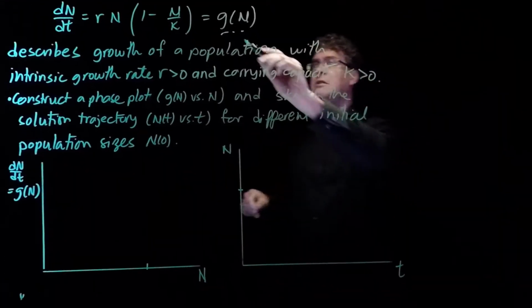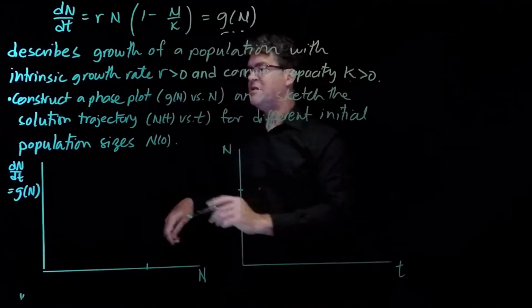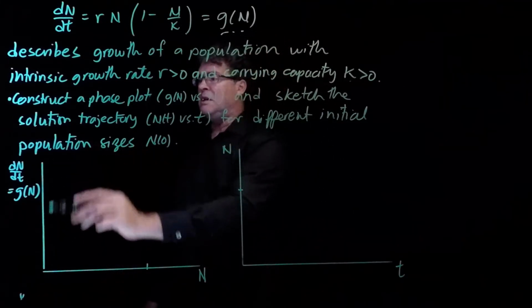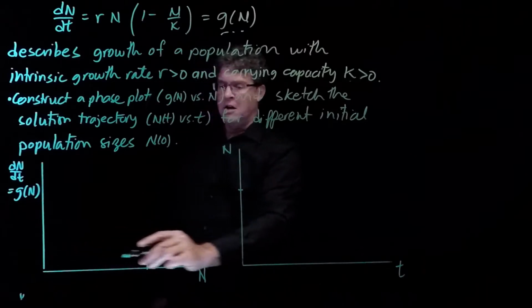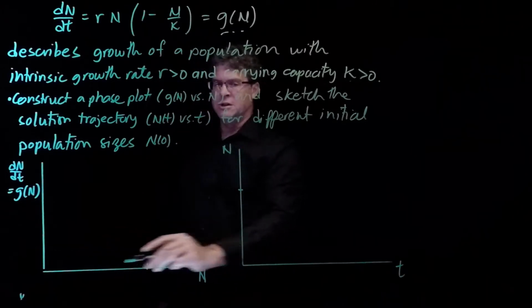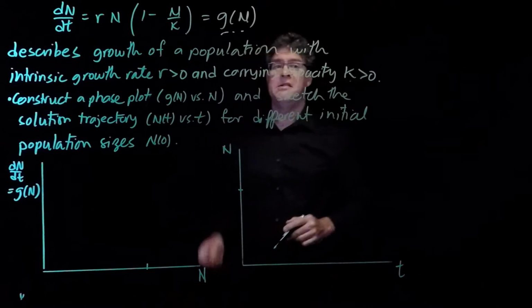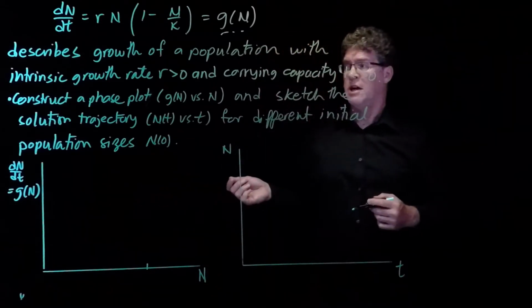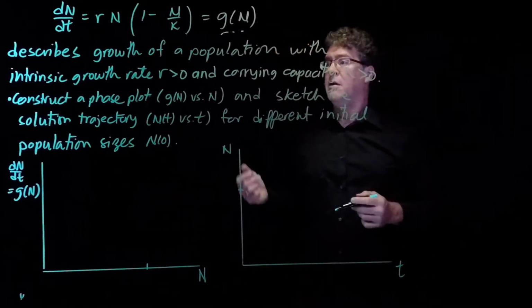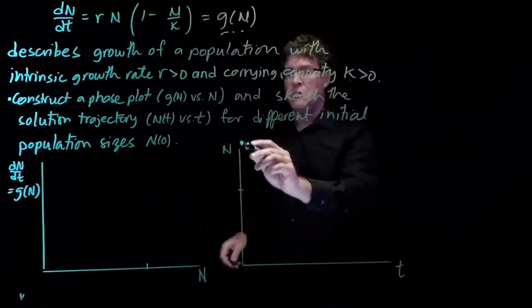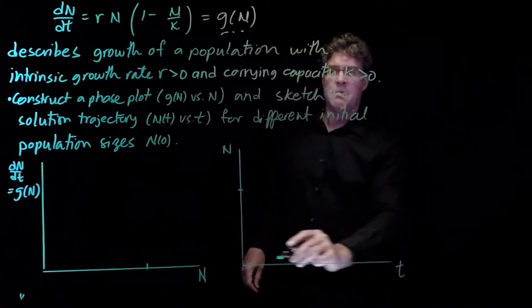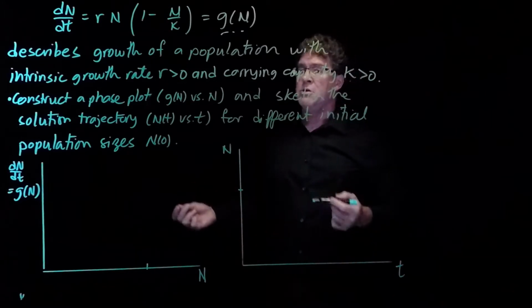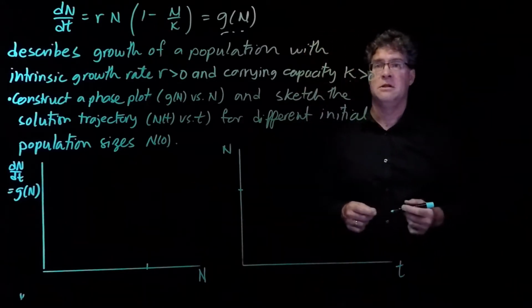Now recall g(N) is dN/dt, so this vertical axis is going to be the rate of change of population growth, and then the horizontal axis will be the size of the population. It also asks us to sketch the solution trajectory for N(t) versus t. So N is given here on the vertical axis, and the time is given here. And we're going to do that for different initial conditions.